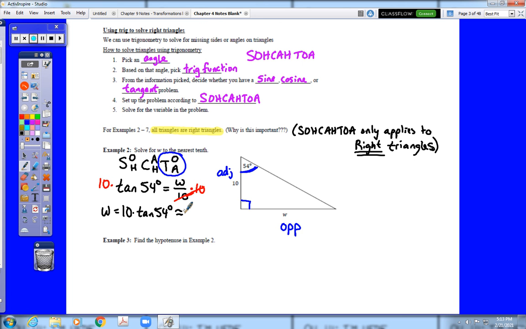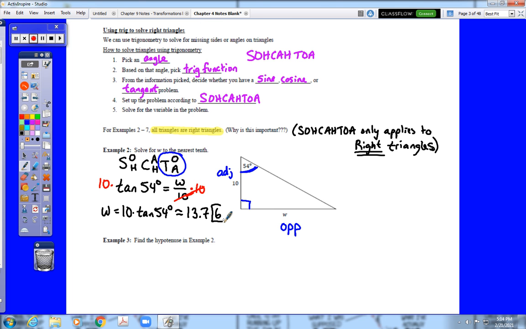When we do that, you should get 13.76. And I'm only looking at the 6 because that is how I round. Now, if you did not get that answer, your calculator is probably not set to degrees. To fix that problem, hit the mode button on the very top line of your keypad and make sure that degree, D-E-G, is highlighted.